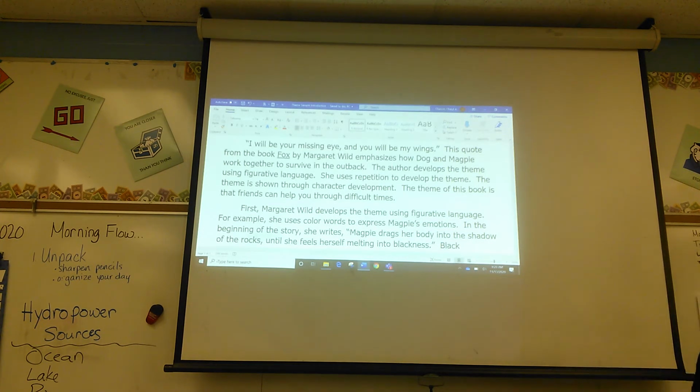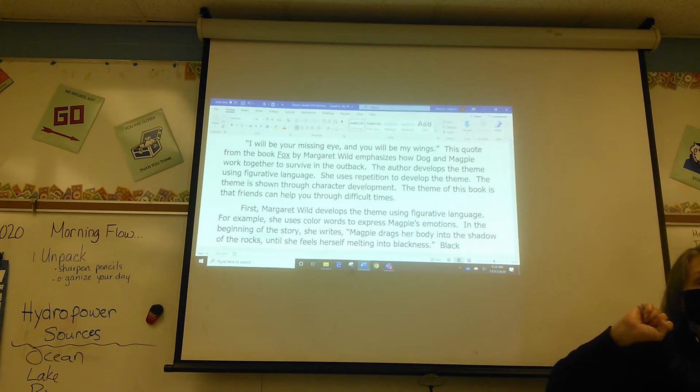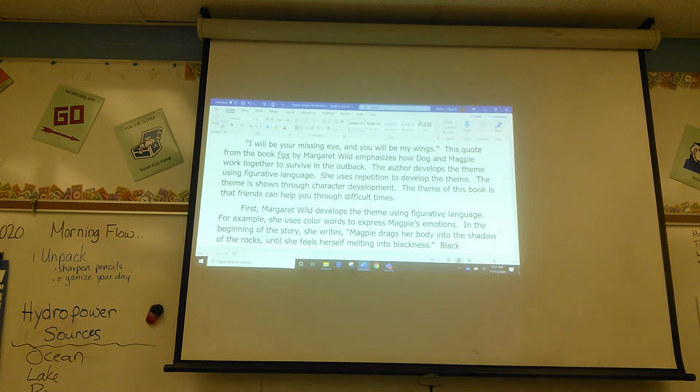When you're choosing a detail, it has nothing to do with the main idea, and you don't realize it because you don't do your elaboration. So hopefully you'll see today when I model a body paragraph what I'm talking about.